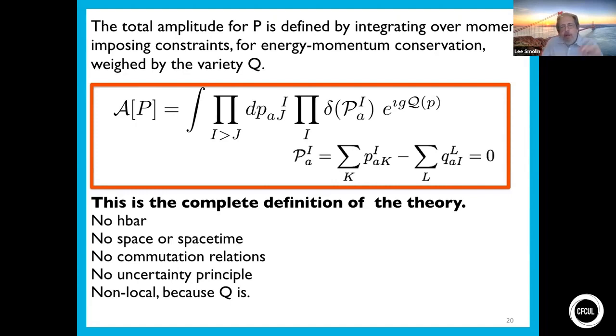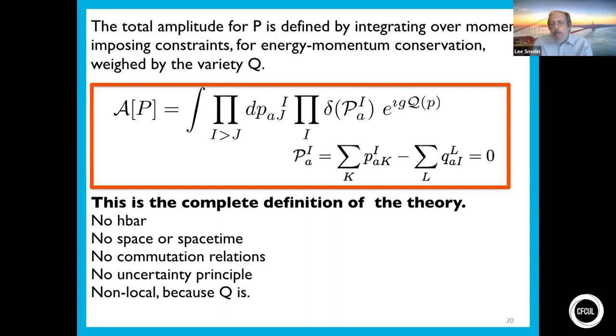And notice there's no H bar anywhere because there's no canonically conjugate position relative to the momentum. There's no commutation relations, there's no uncertainty principle. And for people who like to worry about non-locality, there is simply non-locality and no locality either. There's no mention of embedding of these causal processes in space.